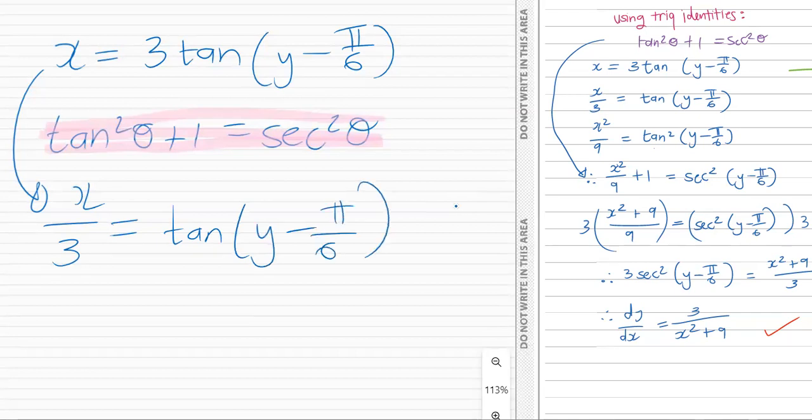Now we have x over 3 equals this whole thing, and we can make this look like this part of it.